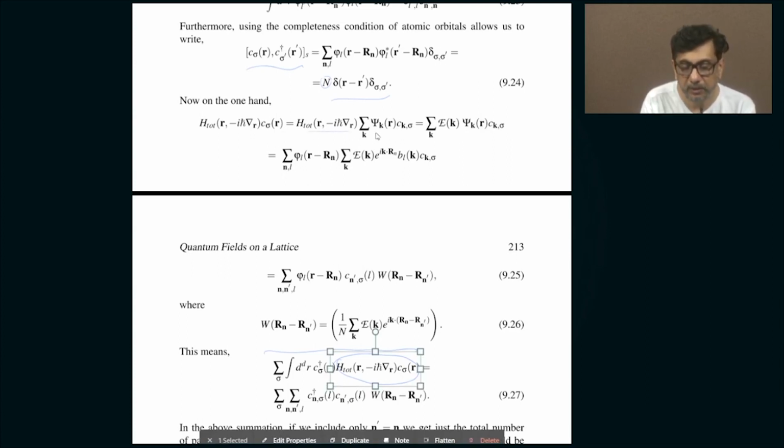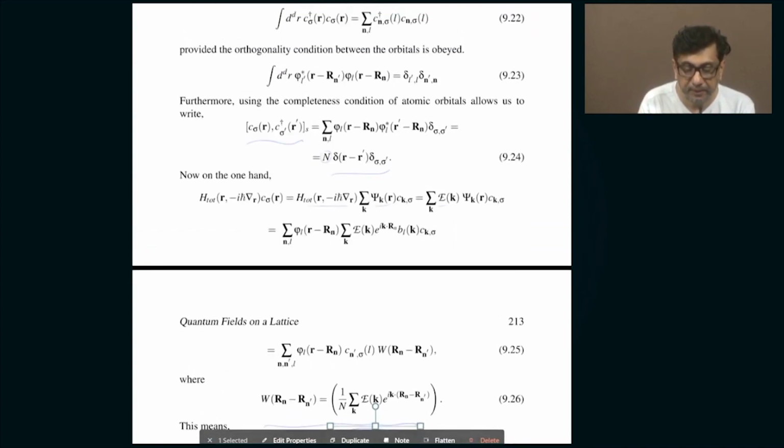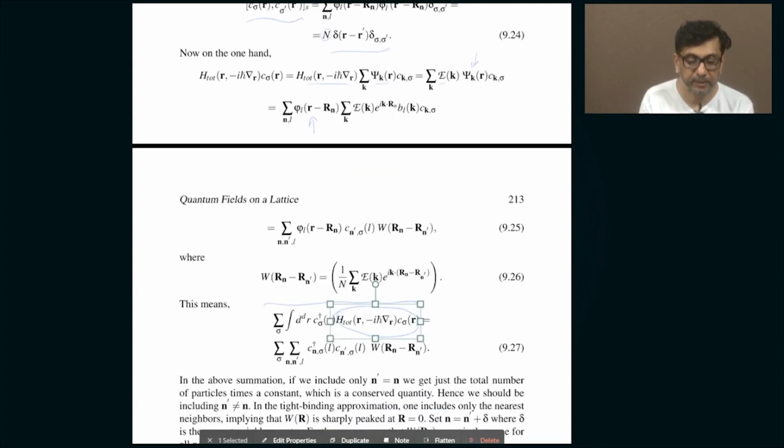So, if this H total acting on the Bloch states gives you the energy of the electron in the crystal, which depends on the momentum, then notice that I have re-expressed the Bloch states in terms of the original orbitals, and I have used the fact that it is tightly bound. So, I have replaced R by Rn here and so on and so forth. So, then I end up with this result. Then I use the completeness and orthonormality, and then I do this integral.